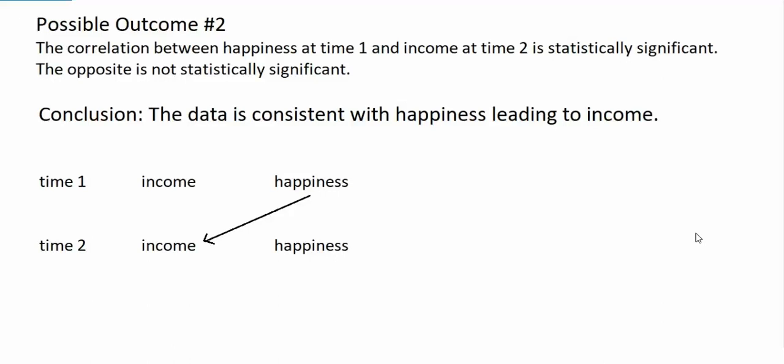Because if this is what the data is showing, then the people who were happier at time 1 tended to be the higher earning people at time 2, but the people with the high incomes at time 1 weren't consistently happy at time 2. So the data is only showing that the happiness at time 1 is associated with income at time 2, and the opposite is not being shown by the data.